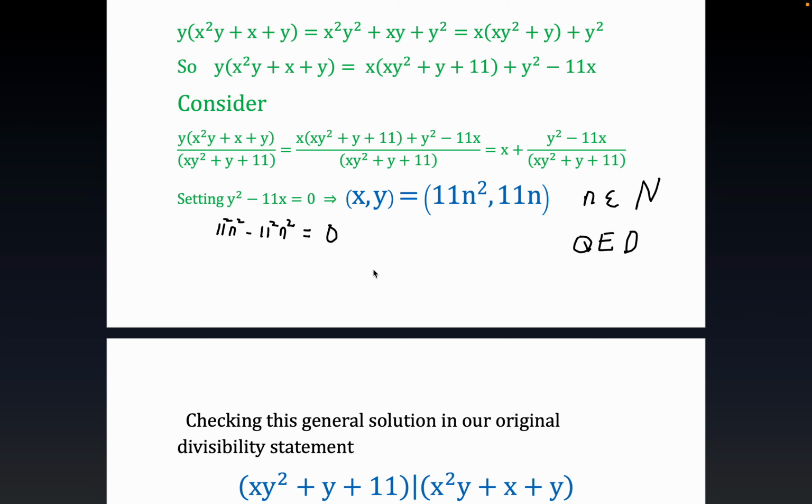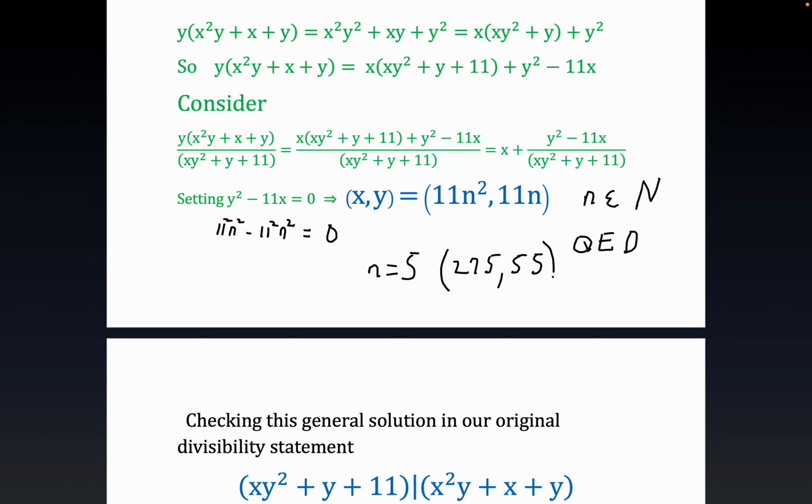For n equals 5, you would get 25 times 11 right here, which is 275. And if you do 5 times 11 right there, you get 55. So this is just one actual numerical solution that you can check.